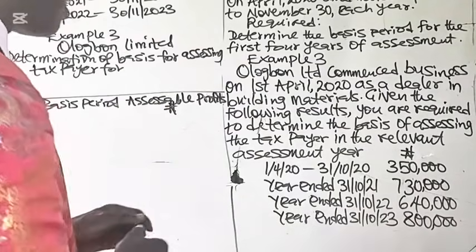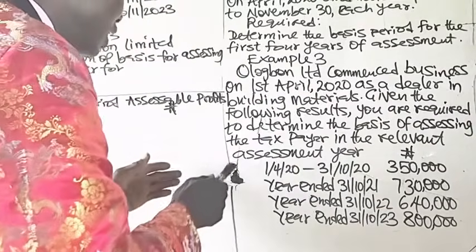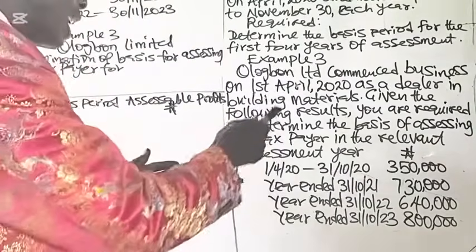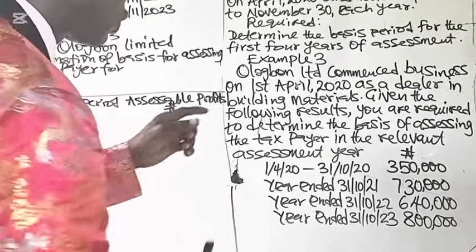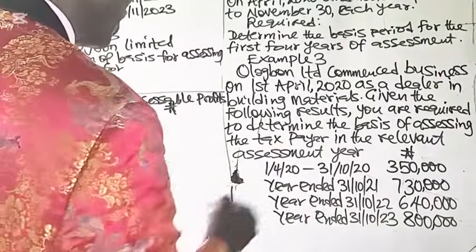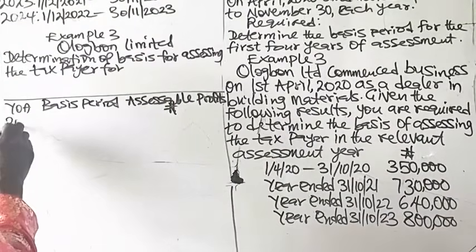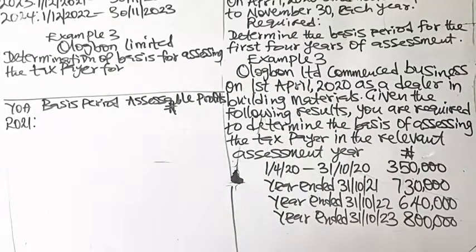The first year of assessment will be 2021. Remember the core principle of the 2019 Finance Act is PYB, and I've told you the effective date is 2020 year of assessment. So this will be assessed in 2021.